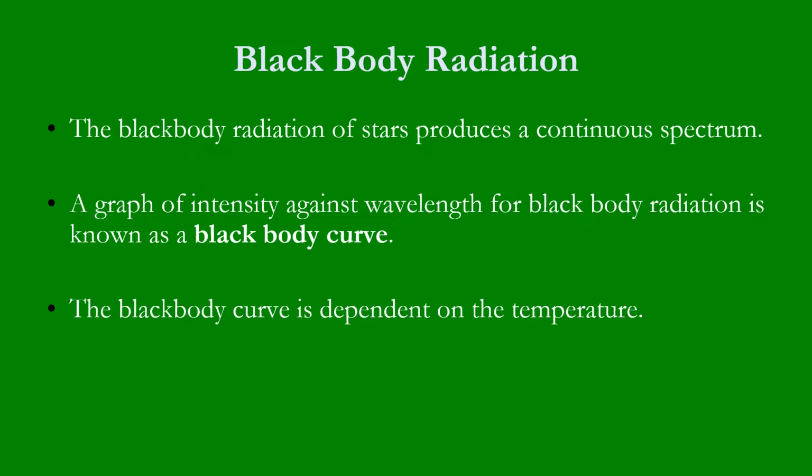If you look at the blackbody radiation curves, you'll see a shift more towards the left for a hotter star and more to the right for a cooler star. So we can use these curves to do a quick judgment on which star is hottest.